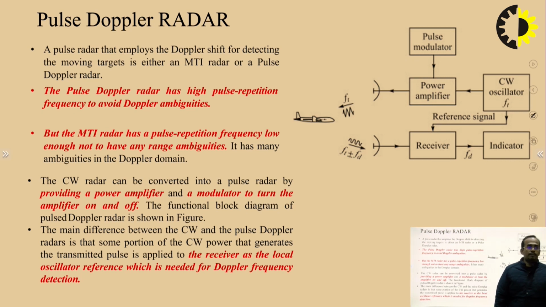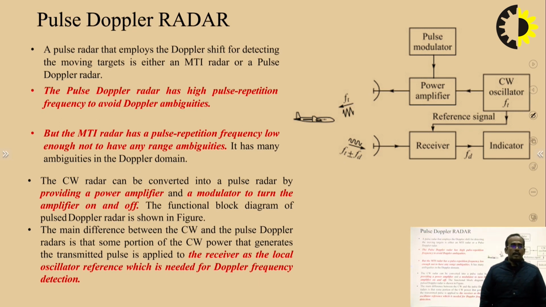Now coming to the pulse Doppler radar. This is the block diagram where you can see that here we are using the pulse modulator, power amplifier, CW oscillator, receiver and indicator. A pulse radar that employs the Doppler shift for detecting moving targets is either an MTI radar or a pulse Doppler radar.